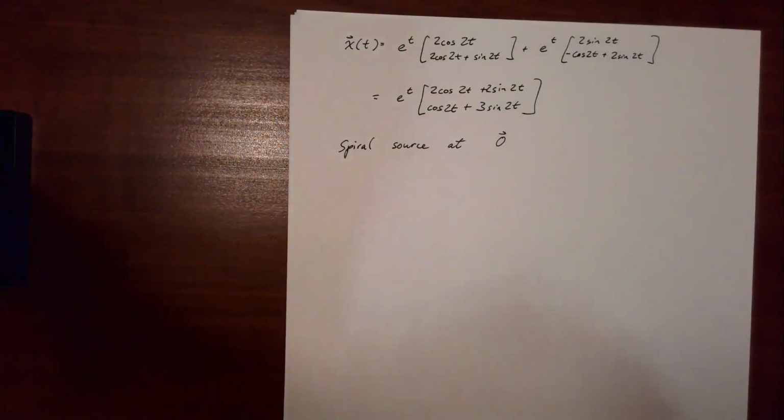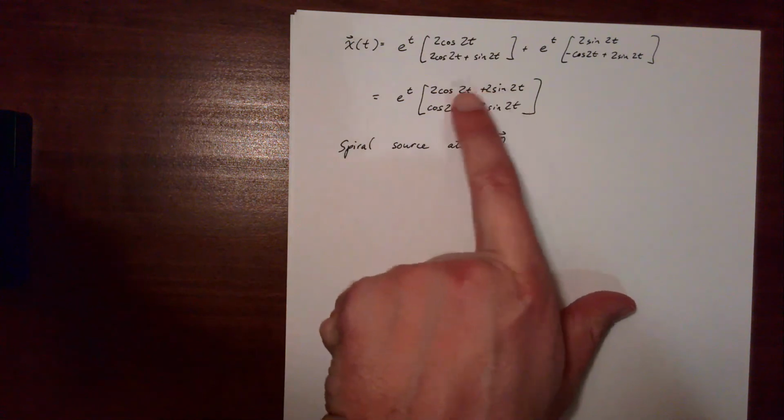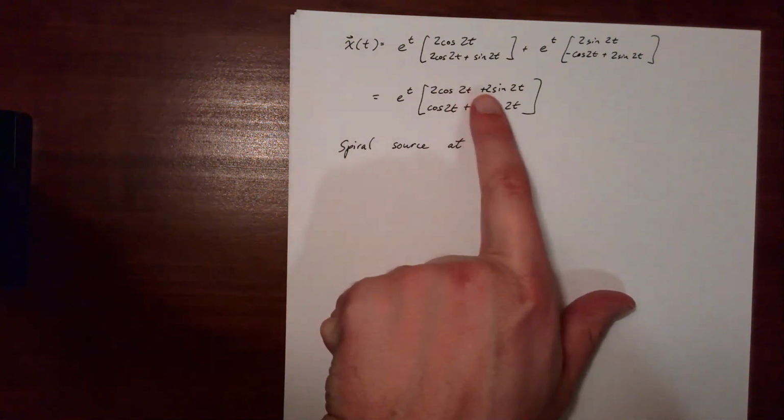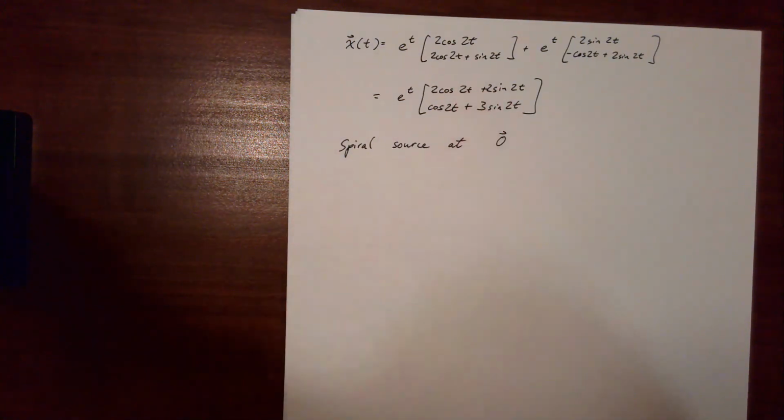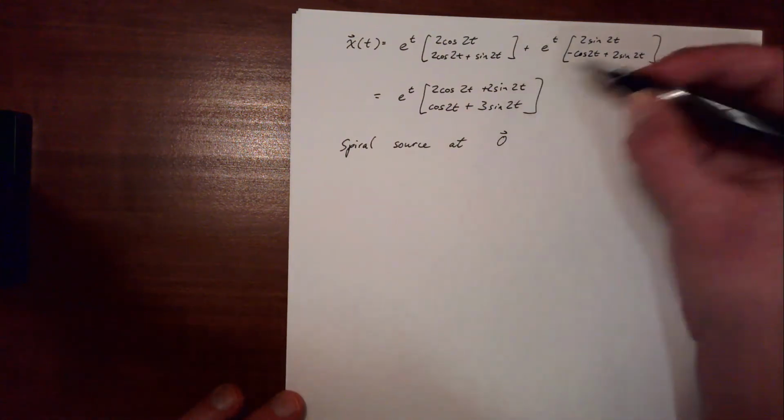If you actually really wanted to know that, and if you wanted to know whether it was an ellipse or a circle or what have you, that would actually require some kind of fancy trigonometry. You would need to figure out how to combine these each into a single trigonometric expression in sine or cosine, and then figure out what the phase difference was between here and here.